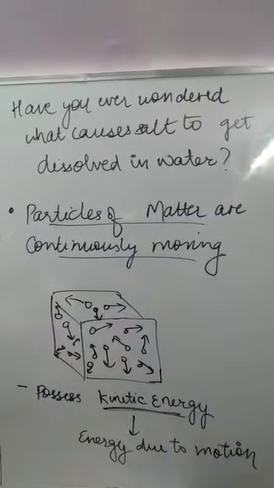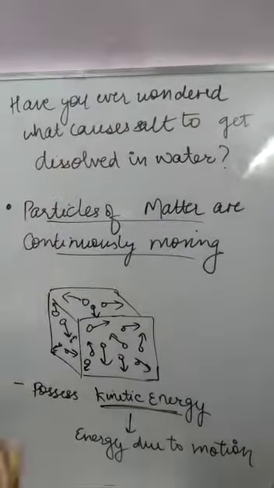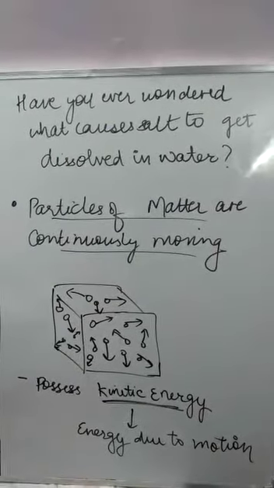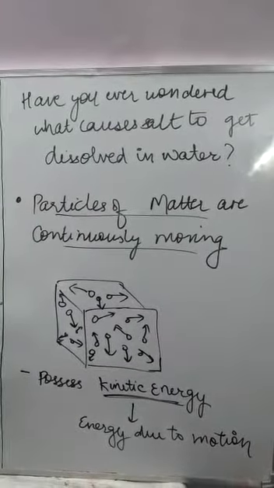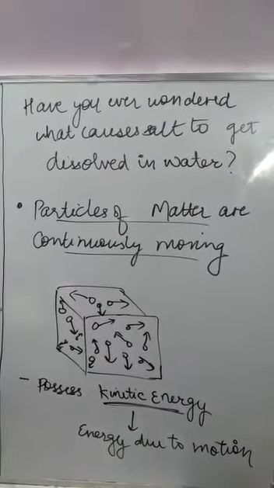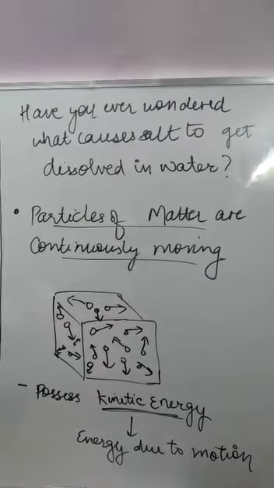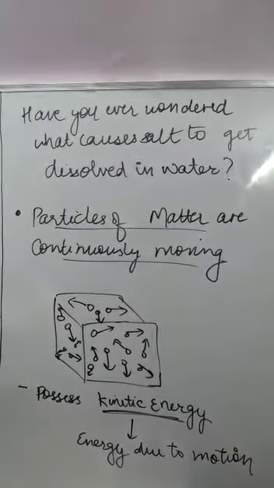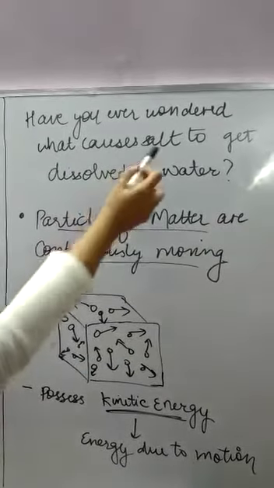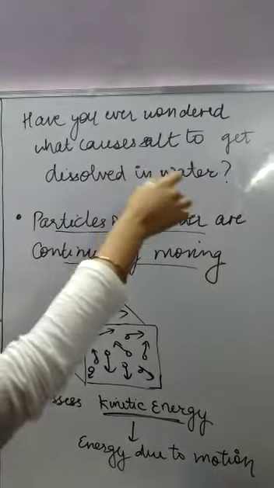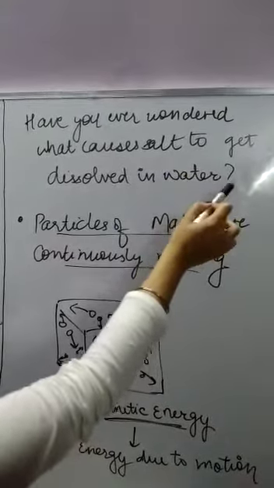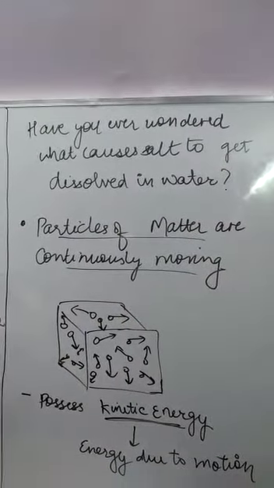So students, have you ever wondered what causes salt or sugar to get dissolved in water? Salt gets dissolved in water because their particles have spaces between them. The particles of the salt get into the spaces between the particles of water and the mixture is formed.